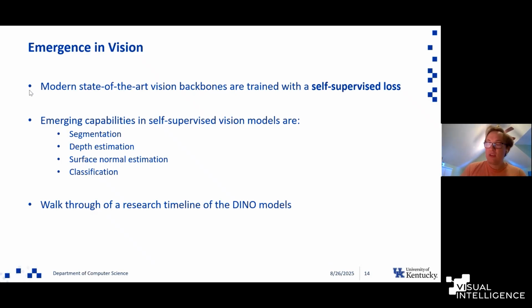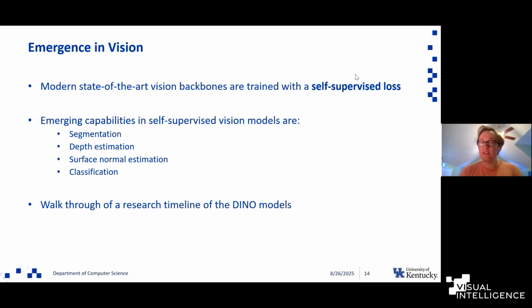If you're training on images, you're not training in the traditional way of saying this image is a cat and training for that specific classification label. You're deriving the labels directly from the data, such as augmentation and invariance, which we'll talk about in a second. And this lets you scale to much larger data sets because you're not constrained by manual labels.